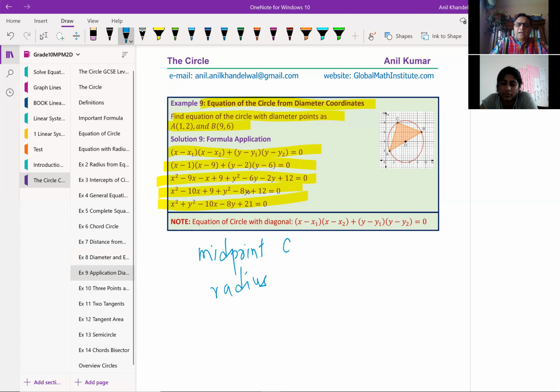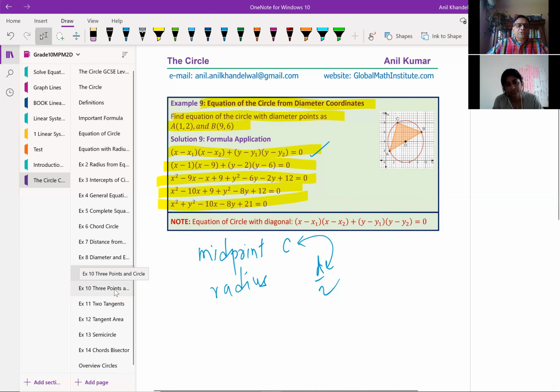Or you can just find the length of the diameter and halve it, diameter by 2 is the radius. Once you have these two, you will get the equation of the circle easily. But if you know the formula, which is so simple, directly substitute the values and get your answer. A genuine test question with 2 different solutions, one being so simple.